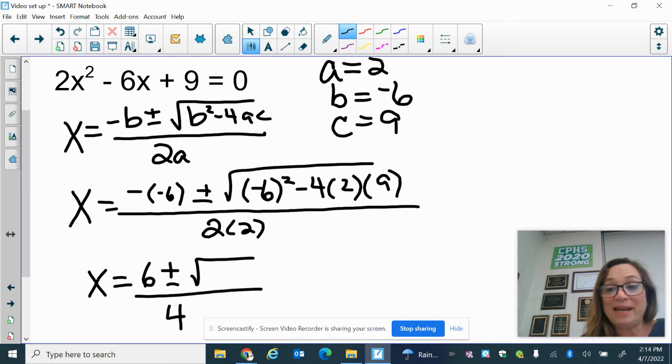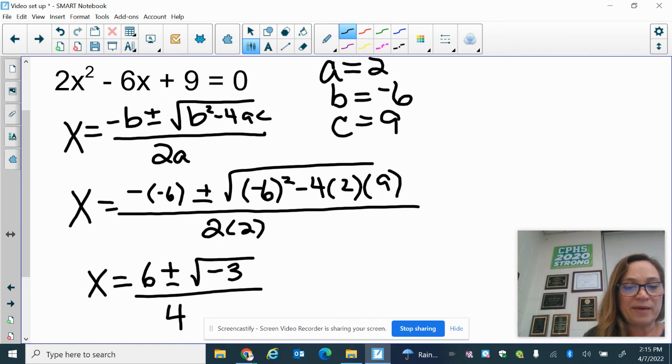So now I can put that in my calculator, and I'm going to do that right here. Just make sure you use the parentheses. So negative 6 squared, subtraction 4, parentheses 2, parentheses 9. And I'm going to get, oh no, negative 36.